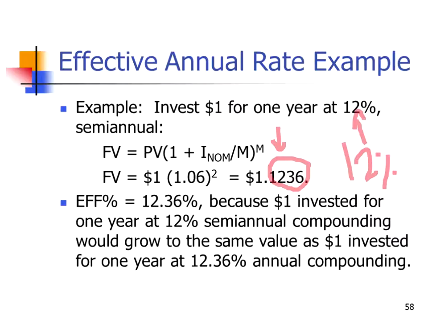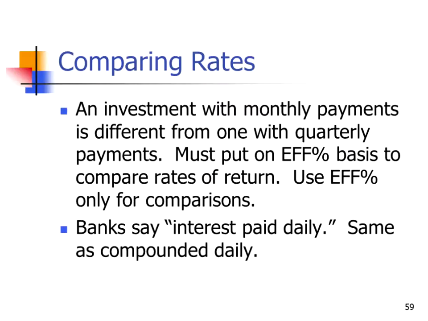Because 12% would have been in the case of interest being paid once a year, whereas in semi-annual, because interest is paid on interest received at the 6th month, you end up getting a 12.36% effective return. So the semi-annual compounding would grow to the same value as a dollar invested for 1 year at 12.36% annual compounding.